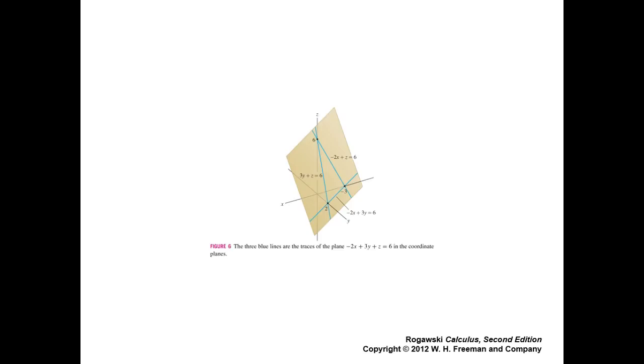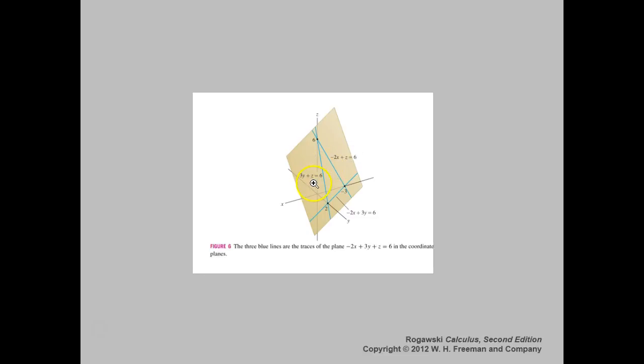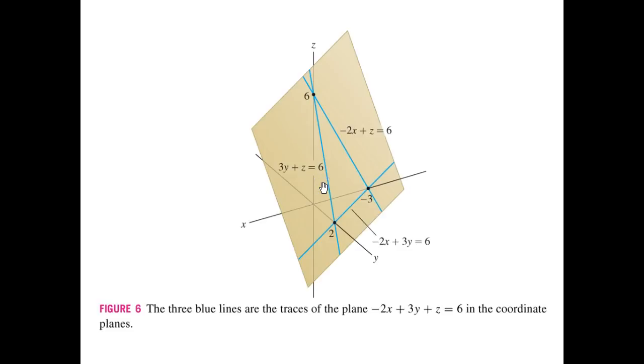It says graph the plane. Now graph the plane minus 2x plus 3y plus z equals 6, and here it is. I'll blow this up for now, but it's not going to be much before I'm going to have to shrink it back down to write on it. Okay, but here it is.